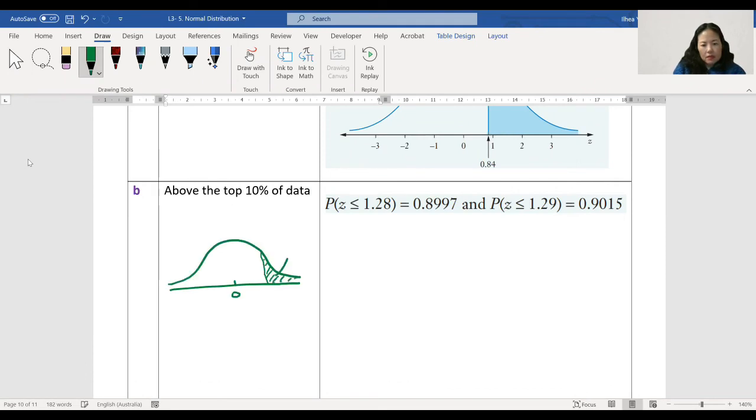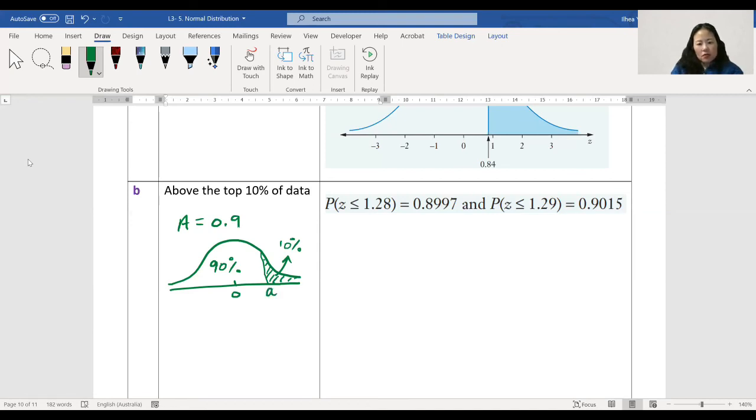So that's my 90%. Why do I need 90%? Because the table is catering for the area on the left-hand side. So I'm going to use my left-hand side area. So the area we're looking at is 0.9. Okay, so that's my A we have to find.